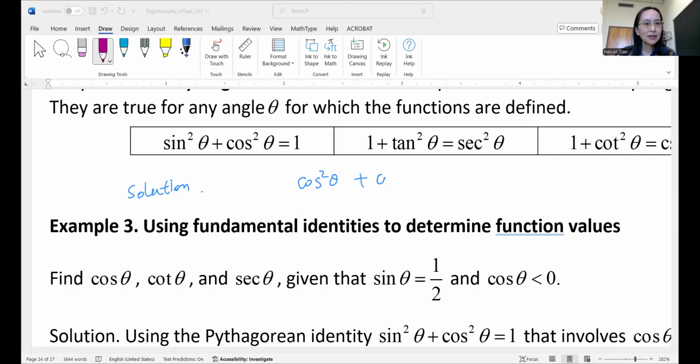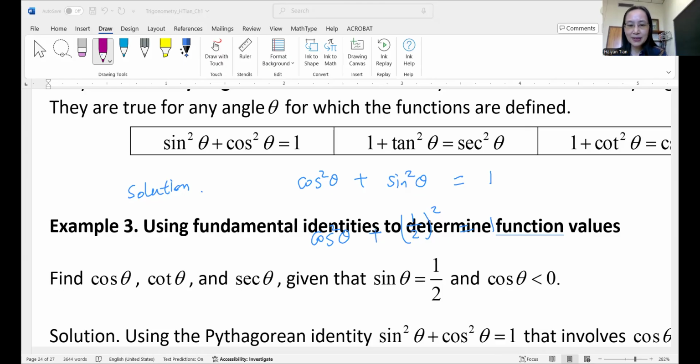So let's use that identity, because the sum of the squares of the cosine function, sine function value is 1. So then if sine is given, which is 1/2, the square of 1/2, right, plus the cosine square should be 1. Then we can solve it.